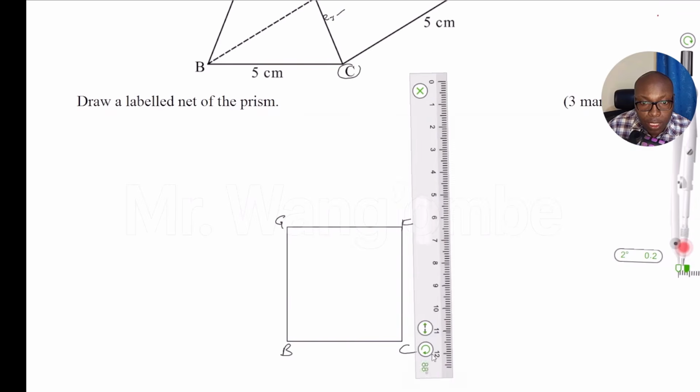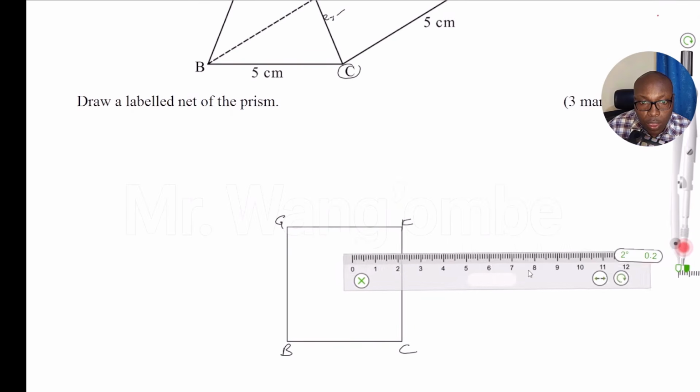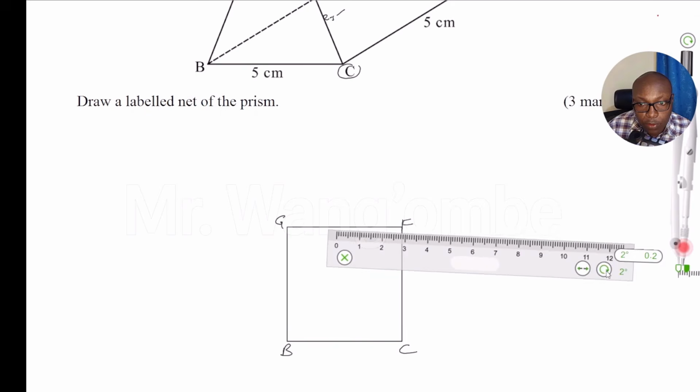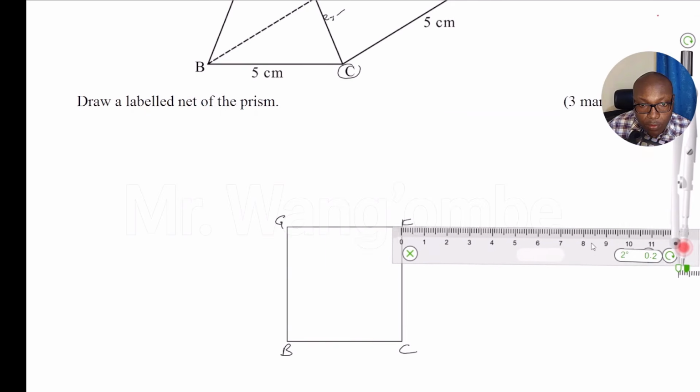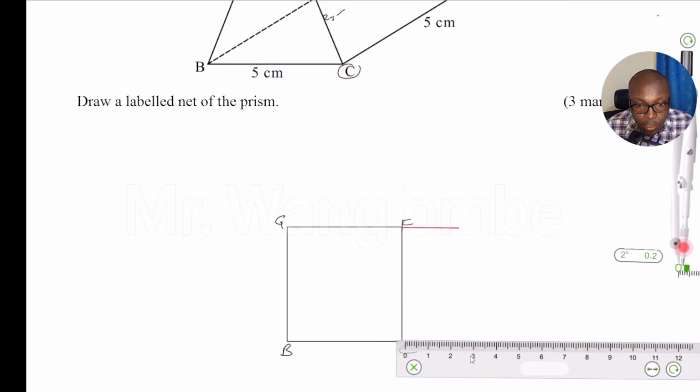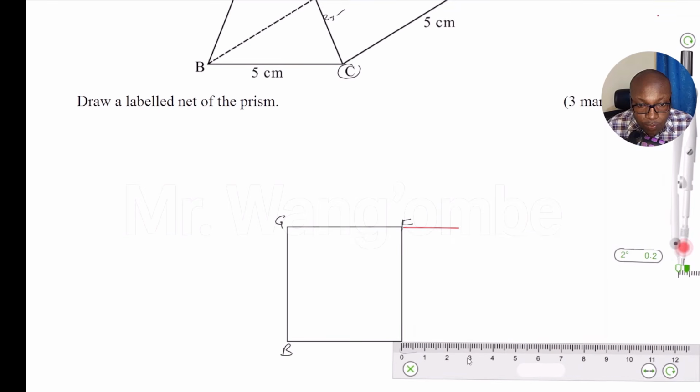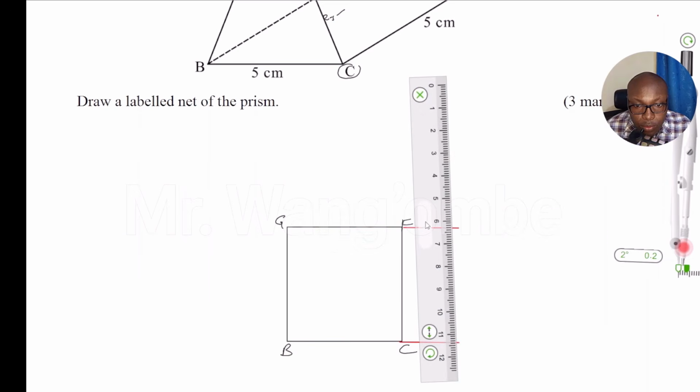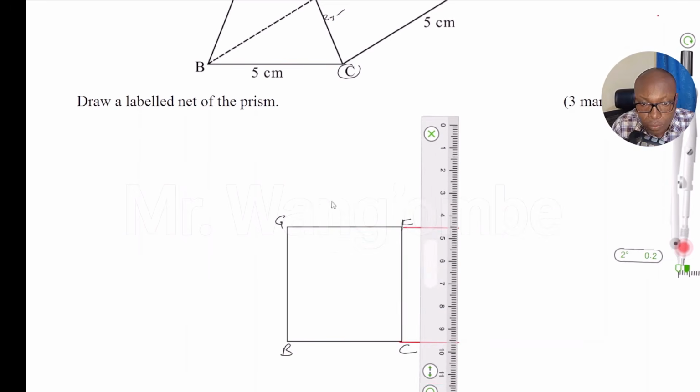So I have to measure 2.5 from here, 2.5 from there. So 2.5 is actually at that point, and then down here I should have the same, 2.5 like that. Then you have to join this one. You need to be very keen like that.